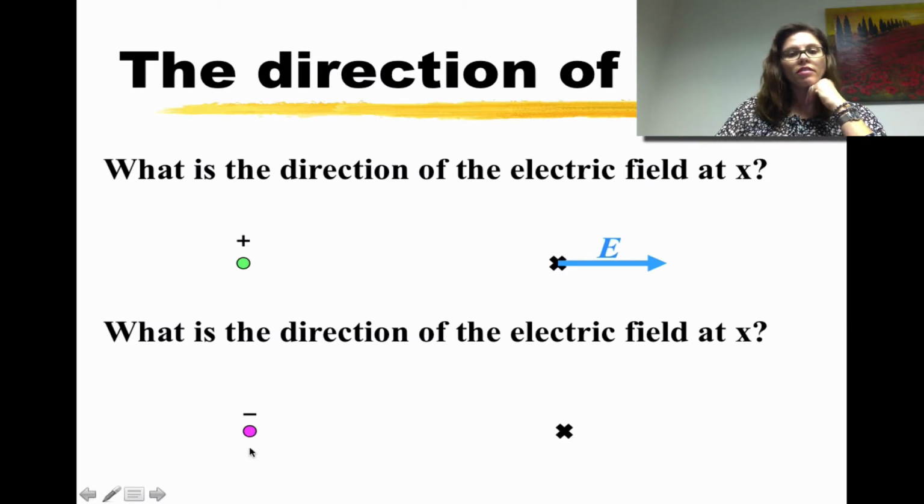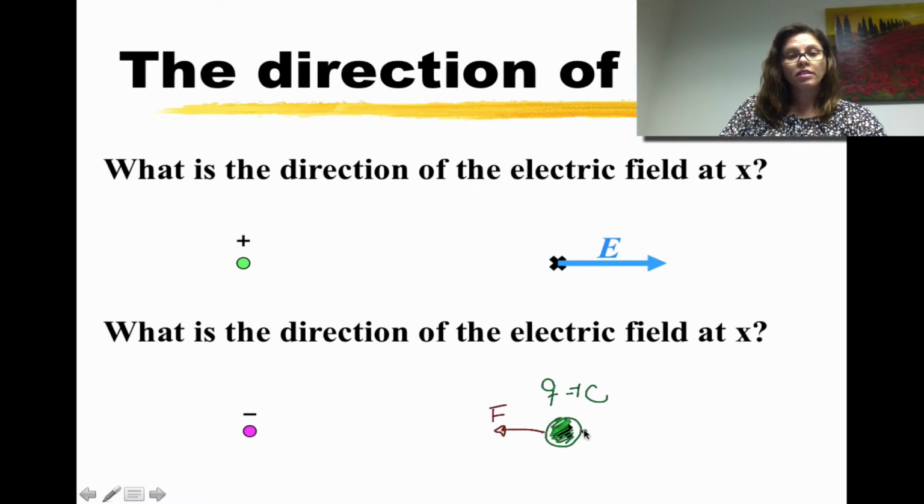So now let's do the same exercise with a negative charge. Remember, the electric field is the force that a 1 coulomb charge would feel if it were placed at the location that you are concerned about. So we're going to put a 1 coulomb charge here. This is a positive charge and this is a negative, so opposites attract, like Paula Abdul says. So this is a force this way.